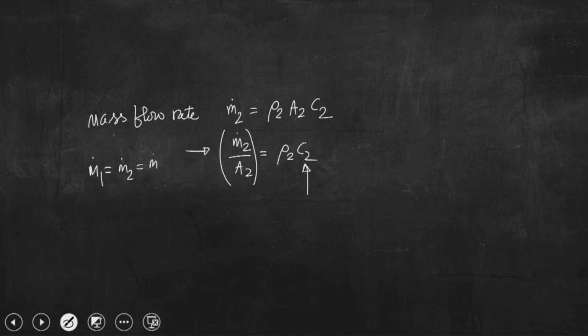Since m dot is fixed, if we need to increase C2, definitely A2 should reduce, because we cannot compromise with the mass flow rate. Our objective is to get higher C2, because then A2 will drop, and the objective is to get maximum mass flow rate.